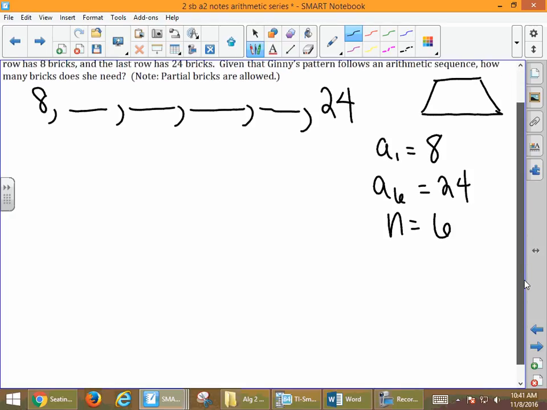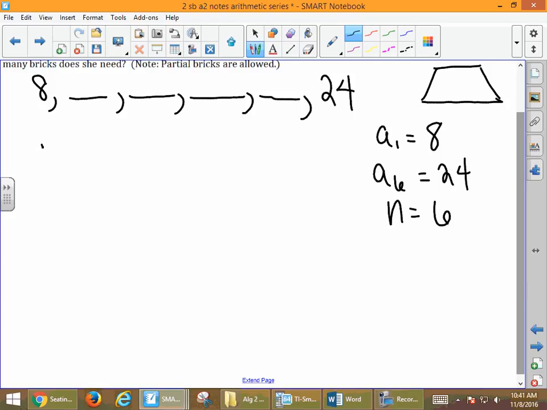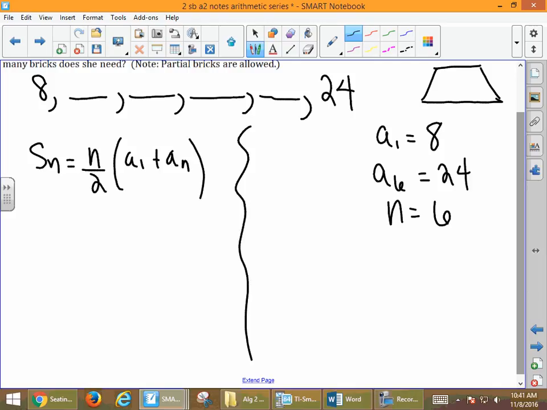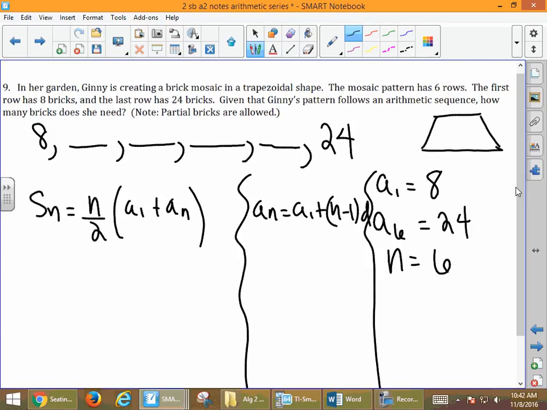And our two formulas: S sub n equals n divided by 2 times a1 plus an. And then our other formula is a sub n equals a sub 1 plus n minus 1 times d. The question is, how many bricks does she need?